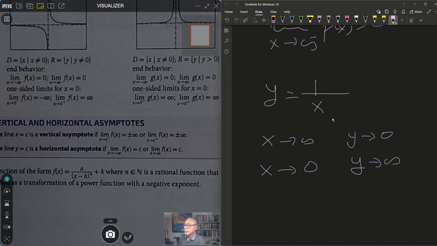Hopefully this makes sense for you. When x is very small, y would be getting bigger. When x is getting bigger, y is getting smaller. 1 over 1 million is very small.